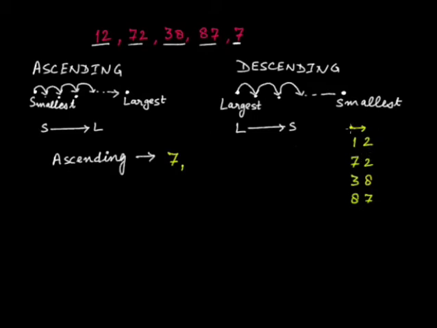We got the smallest number, we have to find out the largest number now. From extreme left towards extreme right, compare the digits. We have 1, we have 7, we have 3, we have 8. Obviously among 1, 7, 3 and 8, 8 is the largest digit. Therefore 87 is the largest number.